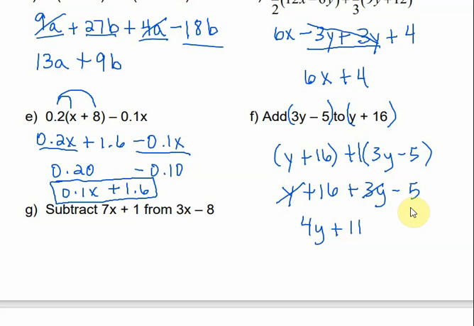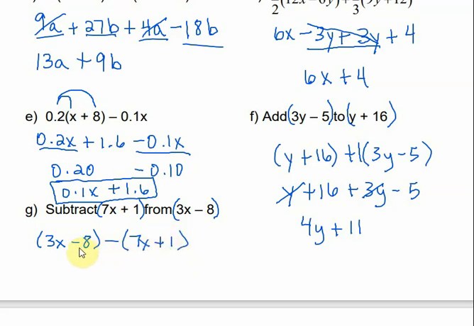Now in G, this is subtraction. Remember, we have to be careful when we're dealing with subtraction. It says to subtract 7x plus 1 from 3x minus 8. So we're taking this away from this, so we have to start with this second group. 3x minus 8, and I'm going to subtract 7x plus 1 from it.